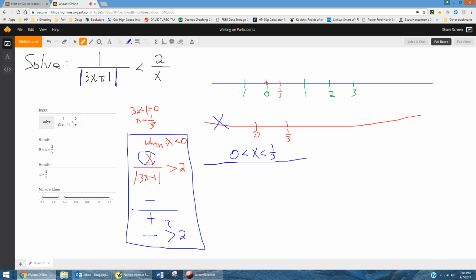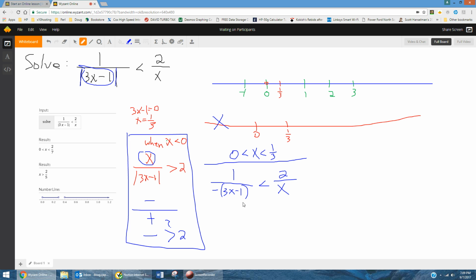So I've got a negative number in here. So if I want to rewrite this without an absolute value symbol, I have to rewrite it like this. In other words, when x is between 0 and 1/3, the expression inside the absolute value symbol is negative. So I have to take the opposite of that in order to write it without an absolute value symbol.